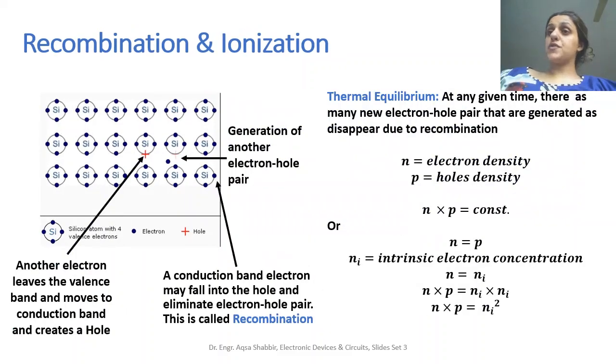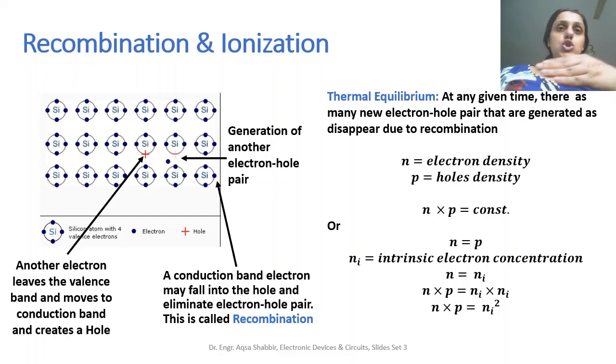Now, as the process of ionization is always taking place inside silicon, meaning that electrons are leaving their place in the valence band, moving to the conduction band, and leaving behind a hole.